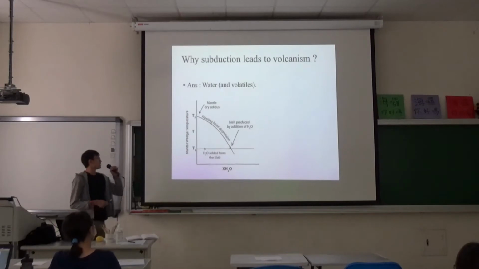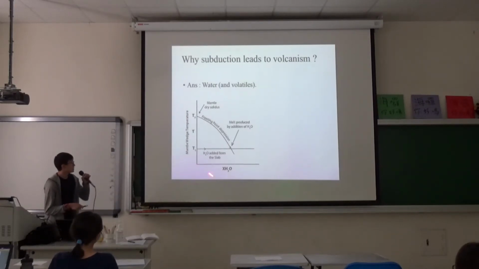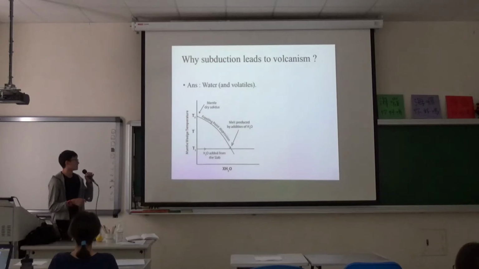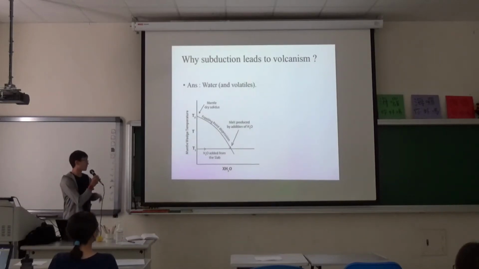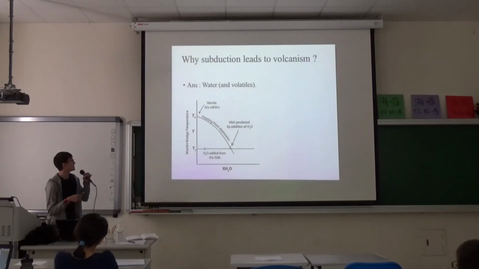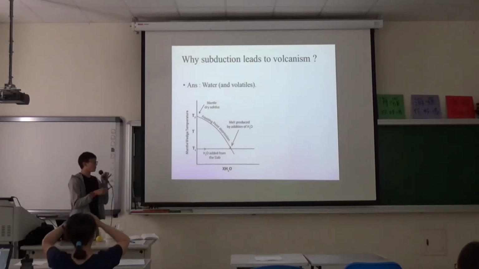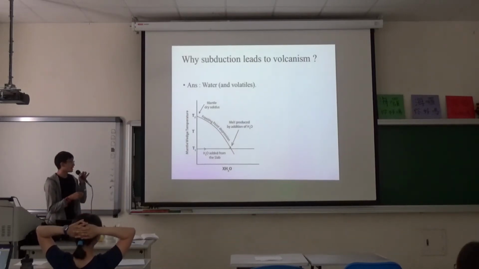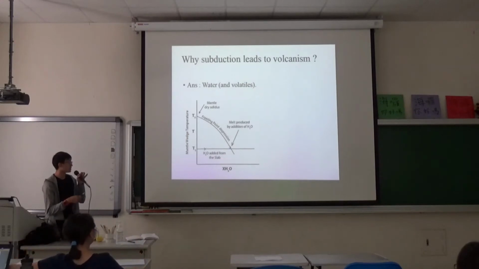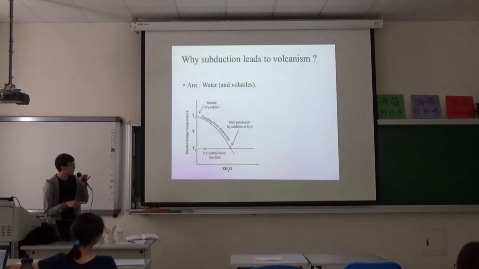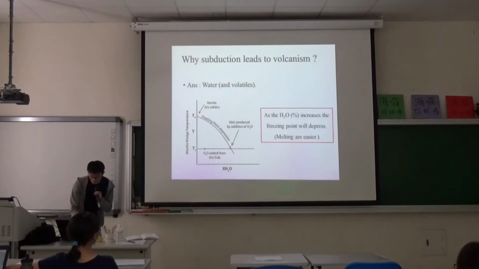Let's see this picture. The x-axis is the percentage of water content, and the y-axis is the temperature. When you have a high percentage of H2O, you will get a depressed freezing point, which means melting is easier.